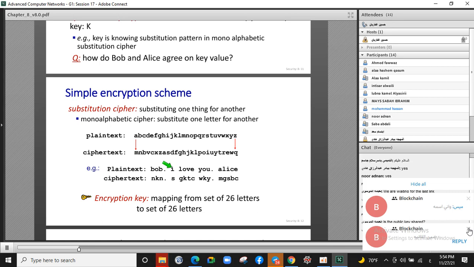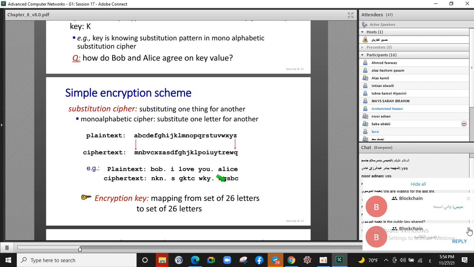Or I know that this message is sent between Bob and Alice. So NKN maybe is Bob, and MGSBC maybe is Alice. Maybe, I don't know.